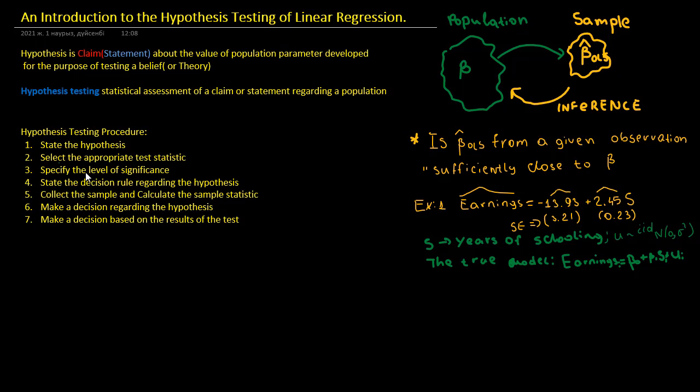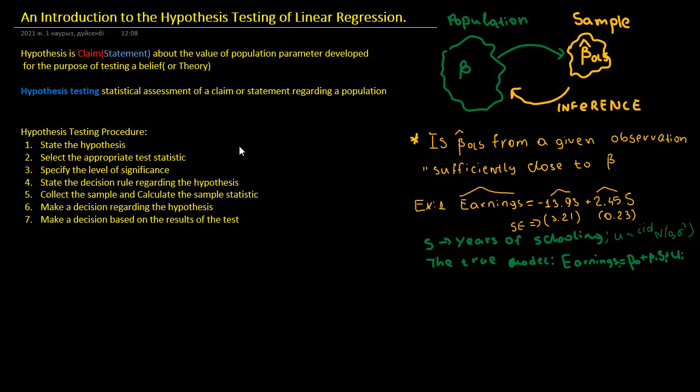When we test a hypothesis, we follow some procedures. Let me look through this step by step in one example. Here the example is given: earnings equals minus 13.93 plus 2.45 S, where S is years of schooling.